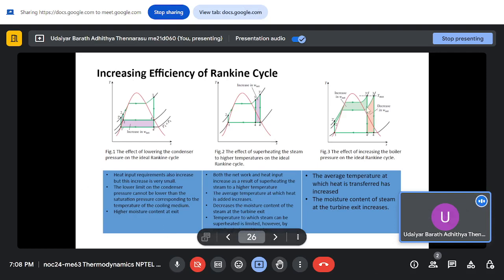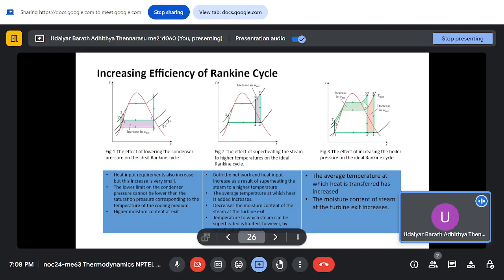The other way is to increase the boiler pressure. By doing so, your moisture content will be more at the exit, so the dryness fraction will be less at the exit of the turbine, for the same maximum temperature.